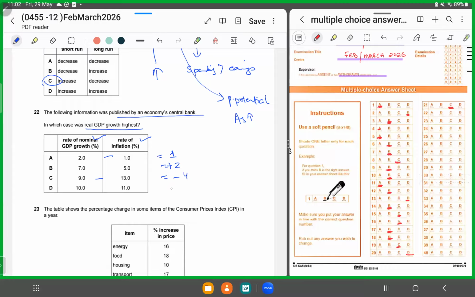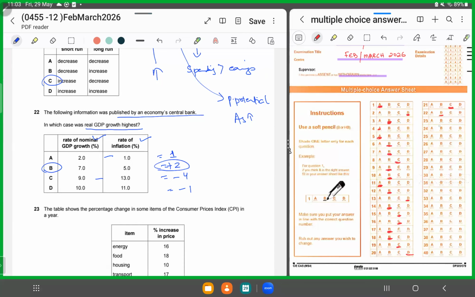And 10 minus 11 would give us a negative 1. So which is yielding the highest increase in the GDP? B, which is a plus 2. So for 22, we'll shade in B as the correct answer.